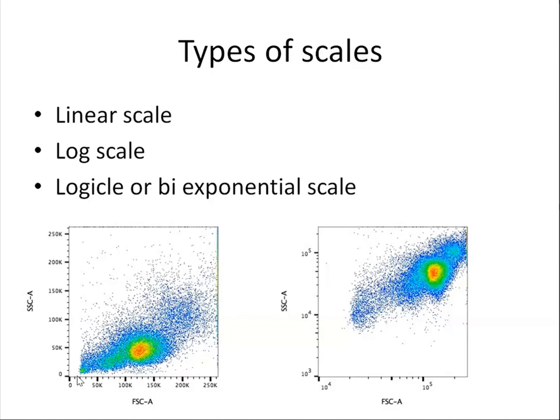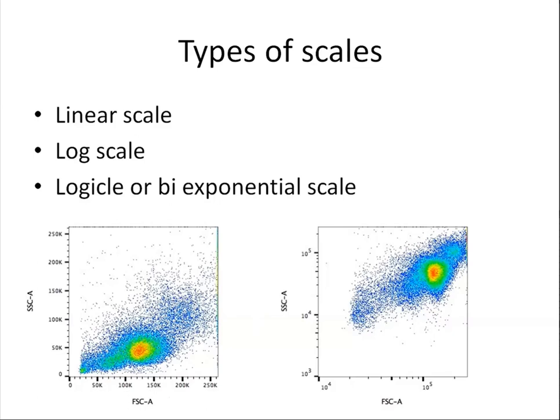On the other hand, there is something called a log scale. You know what a linear scale is, where graduations are equidistant, in a linear fashion: 0, 50,000, 1 lakh, 1,50,000. Now a log scale is where the graduations are shown in a logarithmic fashion.